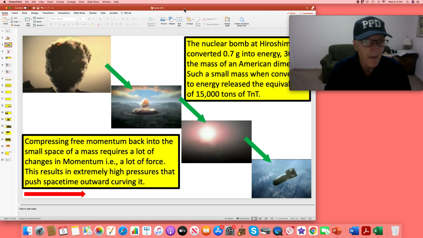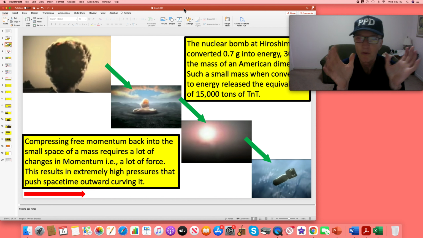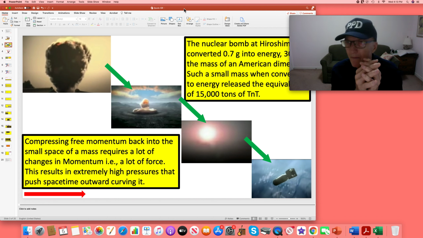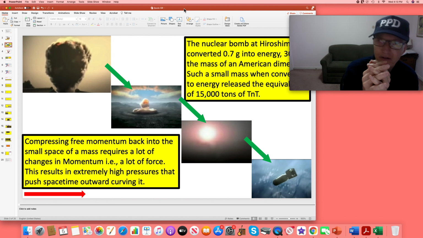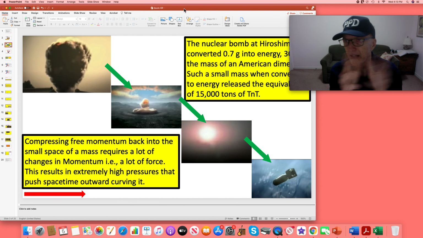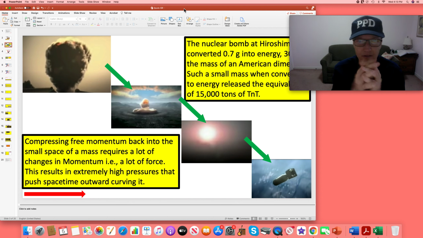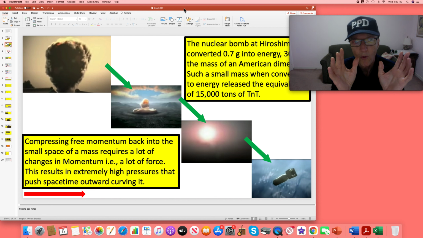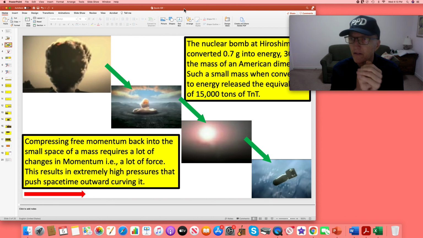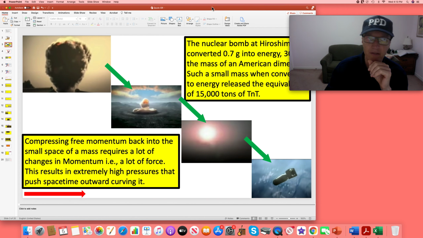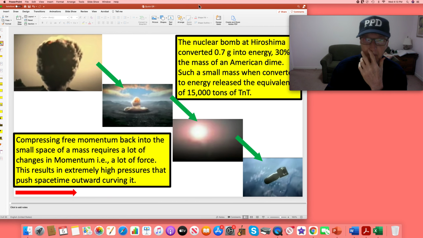So I want to talk now about why mass, or even energy, the same, equals mc squared. So the two are convertible. Why does mass curve space-time? I want to show you actual photographs here of the nuclear bomb at Hiroshima, which was a very horrible thing.